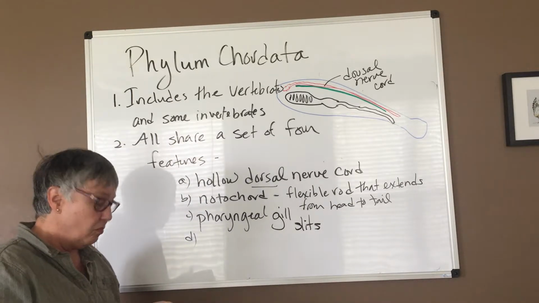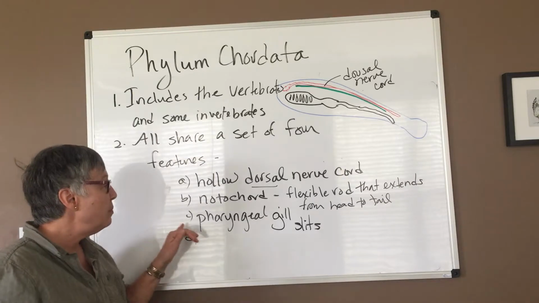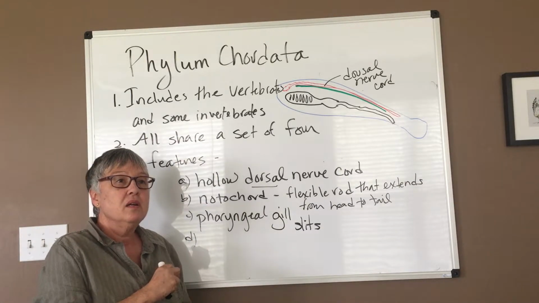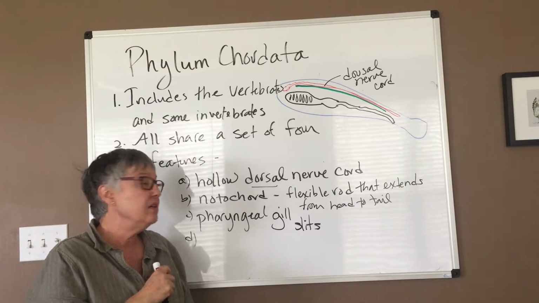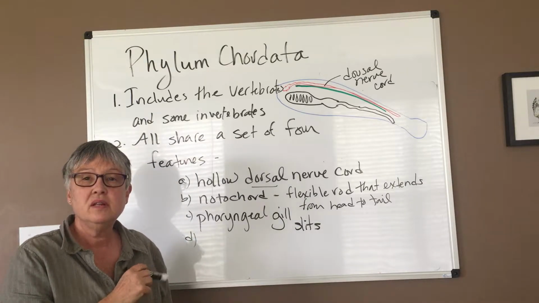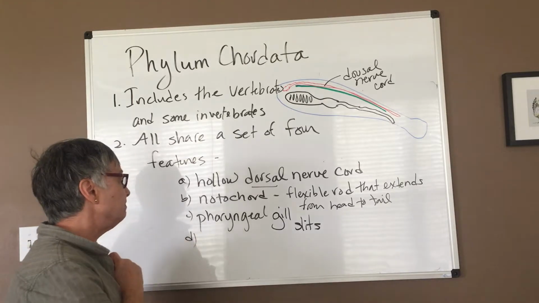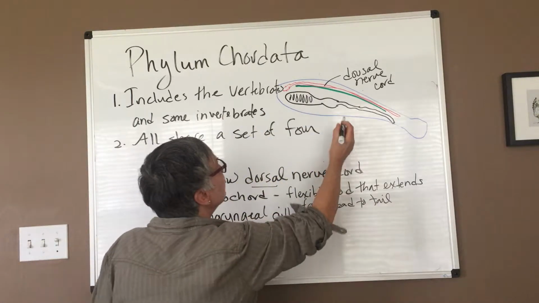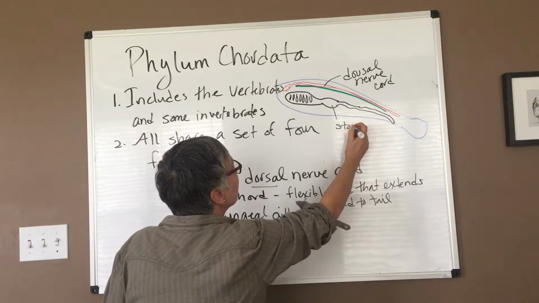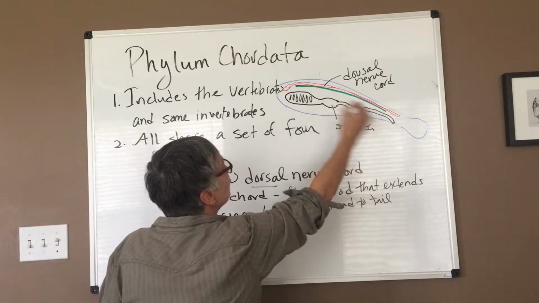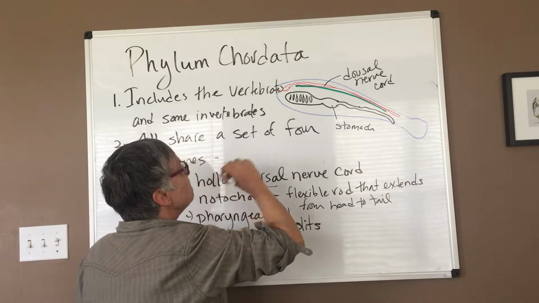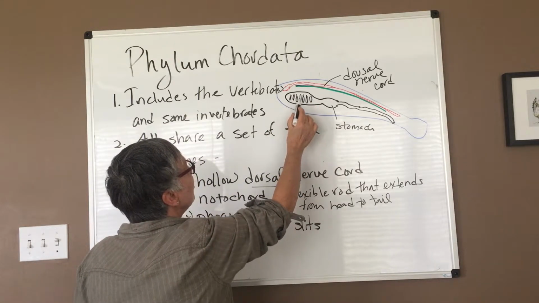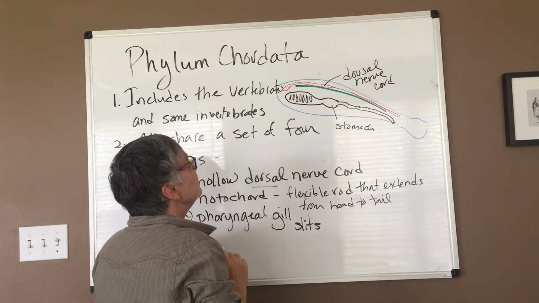In more advanced organisms, some of these structures become glands in the throat area, some become part of the jaw, and so on. But in this illustration, this would be the stomach. So what's shown in black is the digestive system. This structure right here is the pharynx, and these are the gill slits.